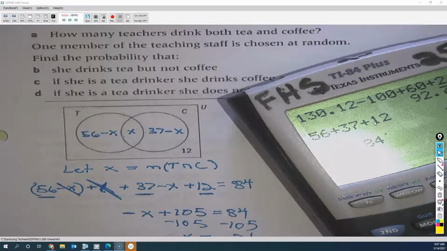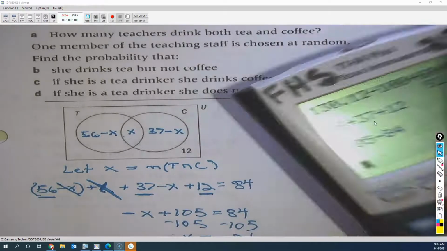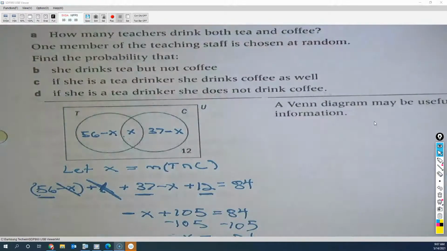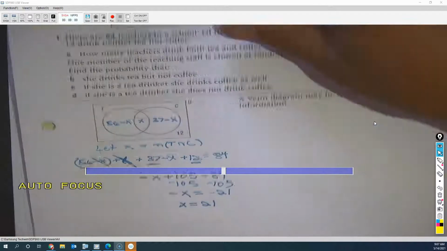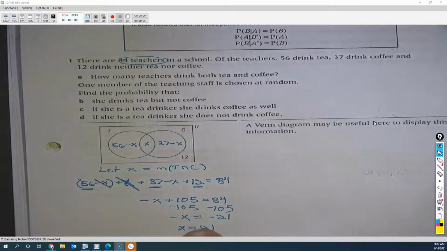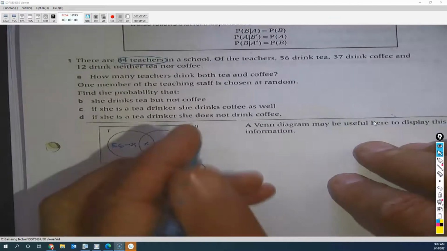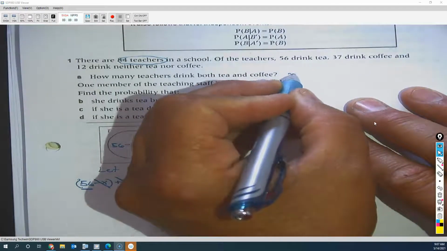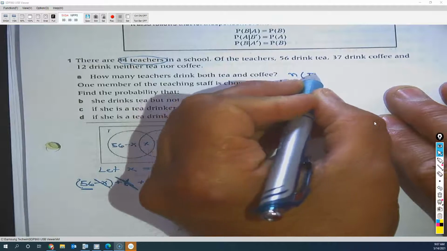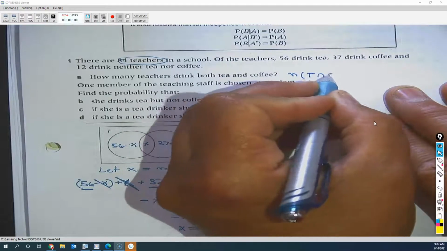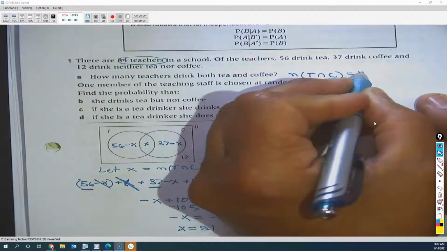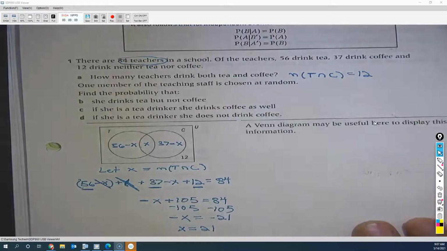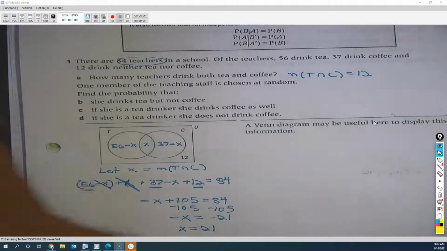So X is 21. Okay, so the number of people that drink tea and coffee is not 12, it's 21.